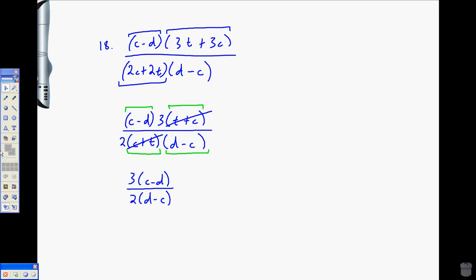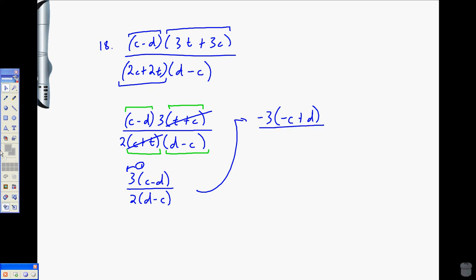If we look at C minus D or D minus C, it doesn't matter which one we factor a negative 1 out of. But if I factor a negative 1, a GCF of negative 1, out of this, up here I end up with a negative 3. When I factor a negative 1 out of that, it becomes a negative C and a plus D in the numerator.